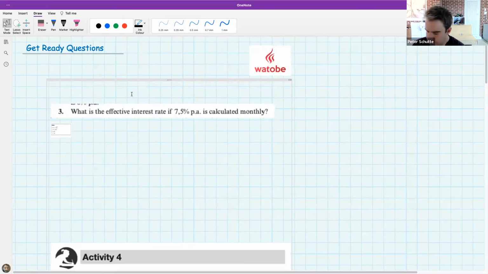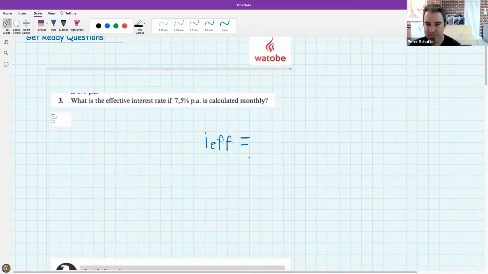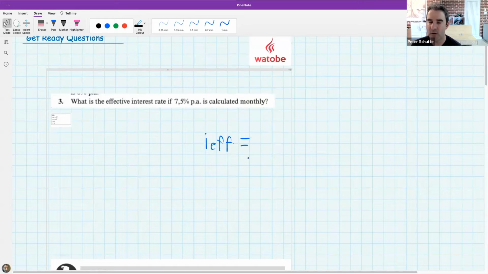Previous lesson, and I'm going to write this formula again for you. I gave you this formula for the effective interest rate. What the effective interest rate does is it calculates the effect of different compounding intervals and summarizes them into one yearly rate.